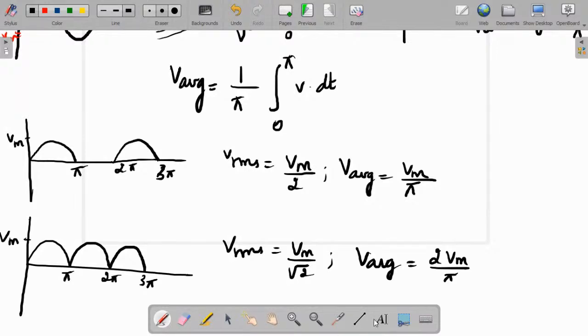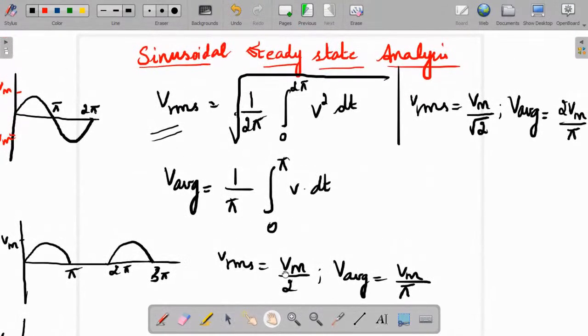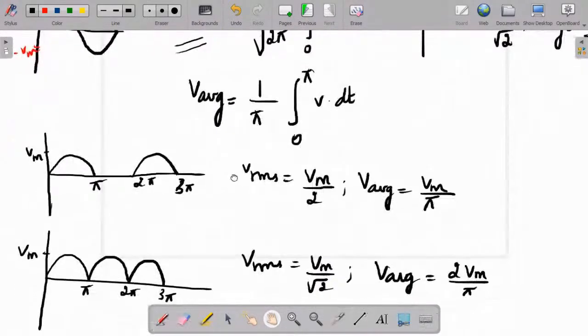Okay, so this is for sinusoidal signal. நம்ம பார்த்தது எல்லாமே sinusoidal input signal இருந்துச்சுனா.